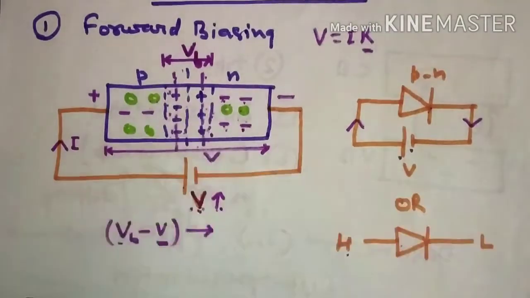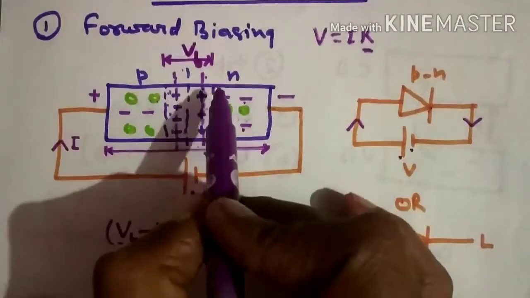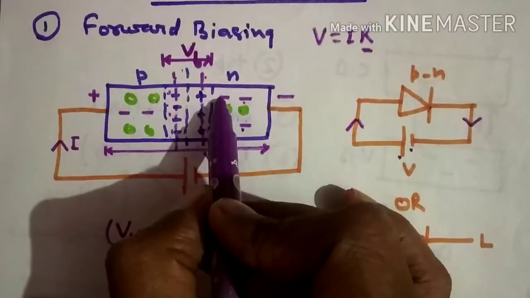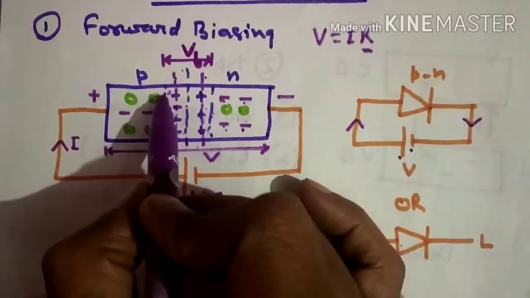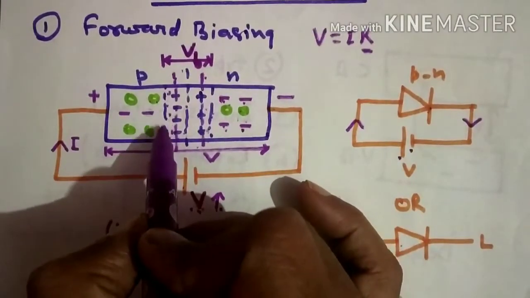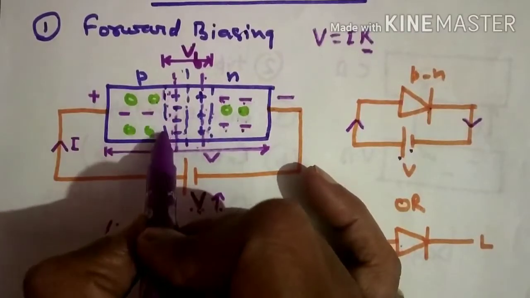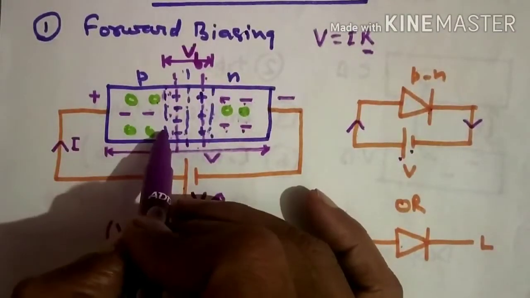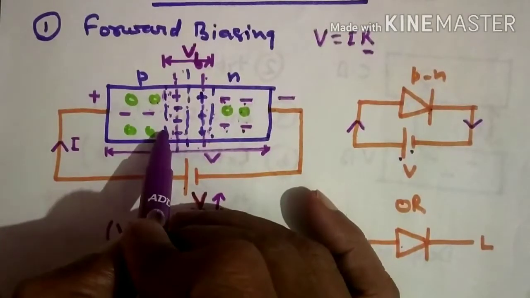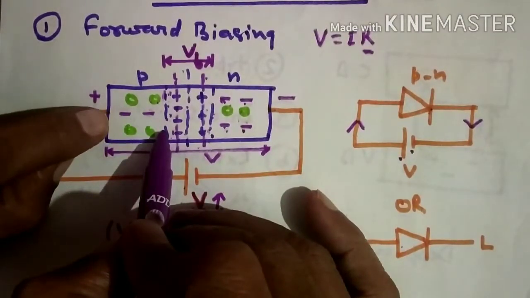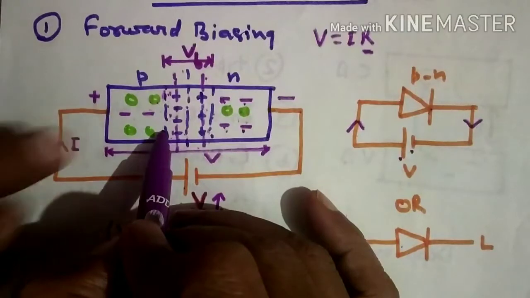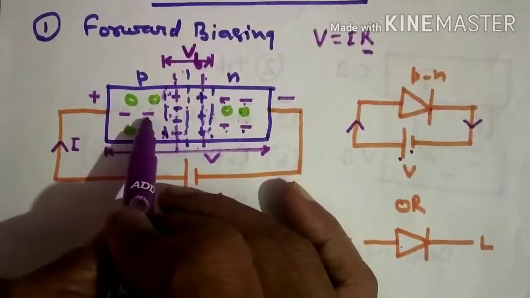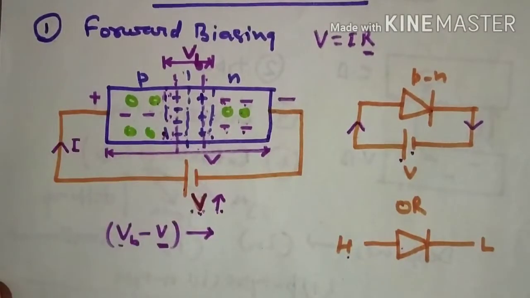So after this, what happens? These electrons have crossed the junction and have accumulated here, and due to this, near the junction the concentration of electrons will increase, whereas in the rest part of the p-type semiconductor the concentration of electrons is very less.